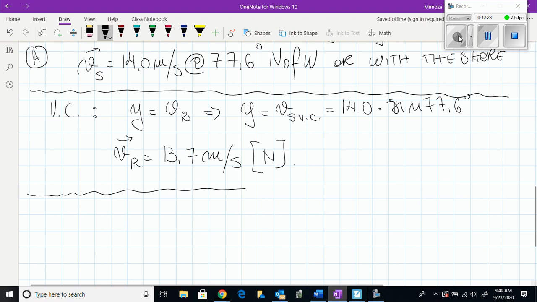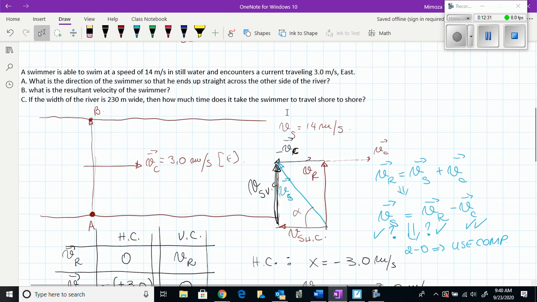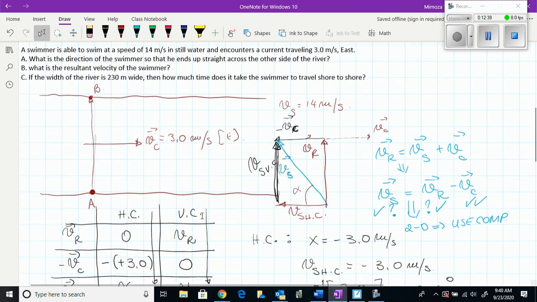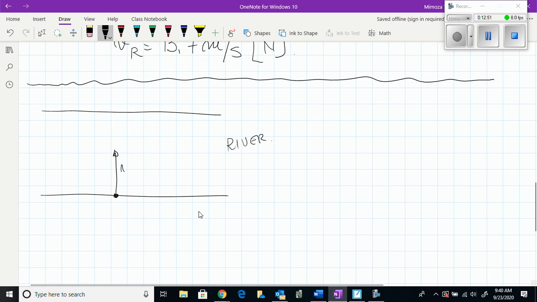And then the last part of the problem is asking, supposing that the river is 230 meters wide, how much time does it take the swimmer to travel shore to shore? So if we bring the river again here, the river is here, and this is the resultant.